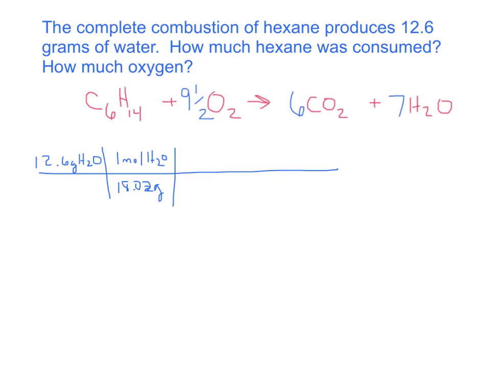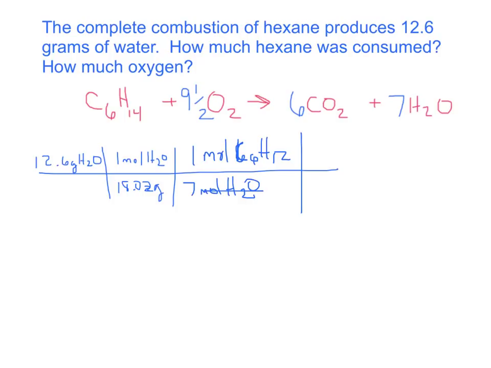Check out the equation: 7 is the coefficient for water, 1 for hexane. So that means 7 moles of water goes down here, and we get 1 mole of C6H12 to produce those 7 moles.